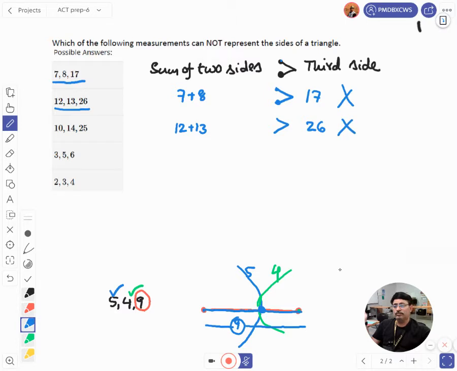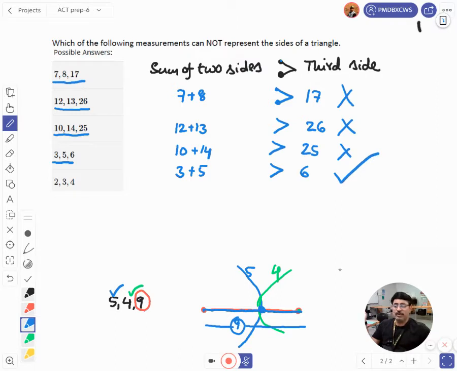No. 10 and 14 are the short sides, and 25 is the longest side. So 10 plus 14, is it greater than 25? No. Then 3, 5, 6. So 3 and 5 are added. These are the shortest sides. Is it greater than 6? Yes, it is.